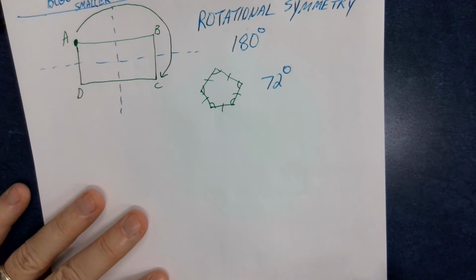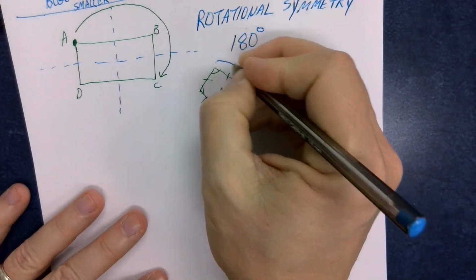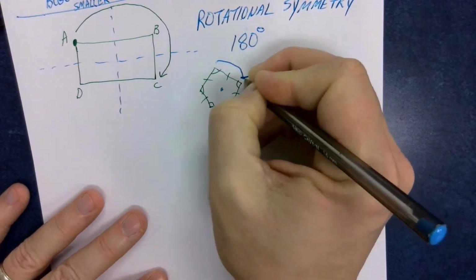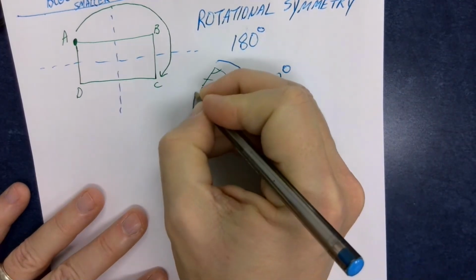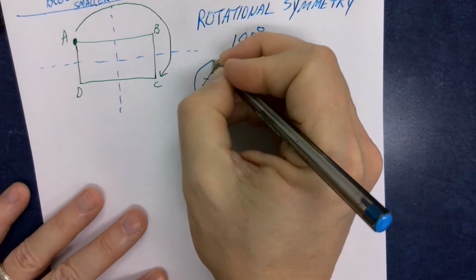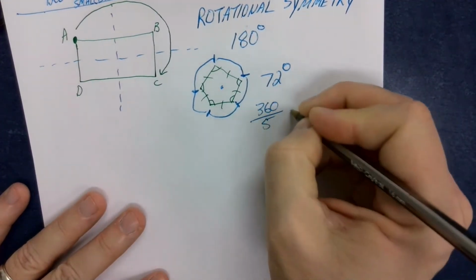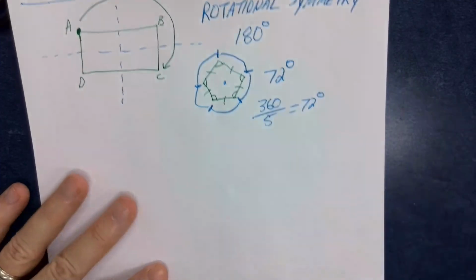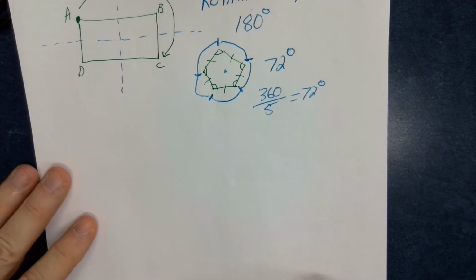And some of you are like, where the bleep did you just get that number from, right? Because you're looking at this going, okay, I could rotate it once, twice, 3 times, 4 times, 5 times, and 360 divided by 5 is 72 degrees. That was from homework questions, yes?